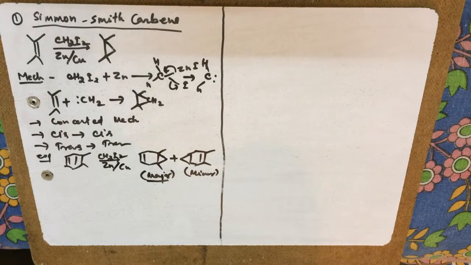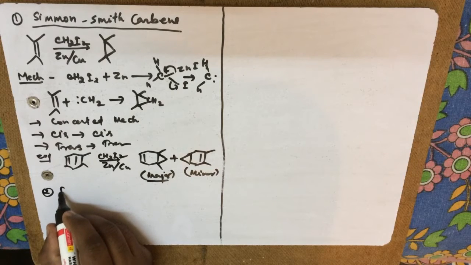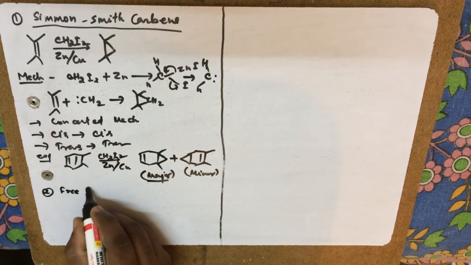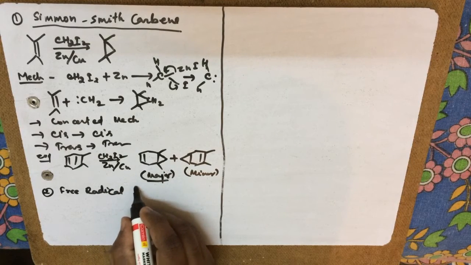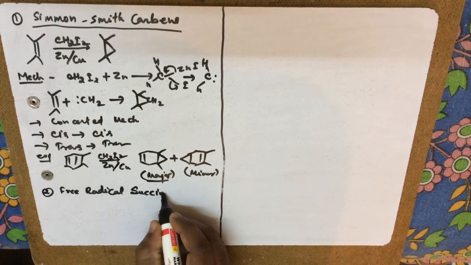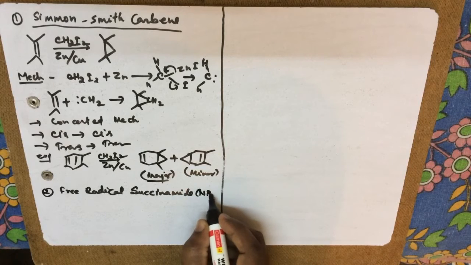So now we move to another reaction which is very useful, like free radical substitution reaction with N-bromosuccinimide. Second reaction, free radical, succinimide, NBS.